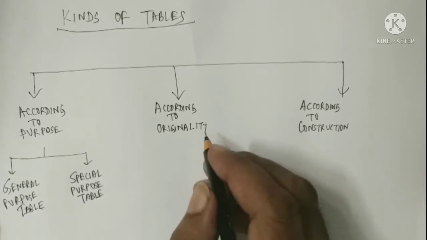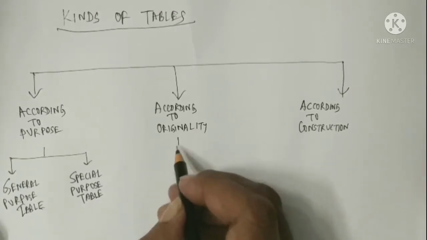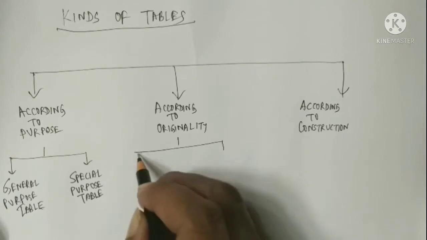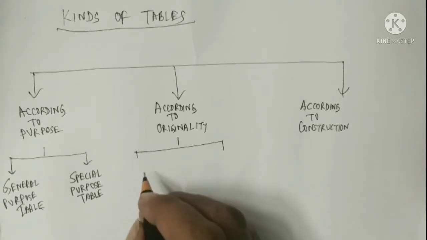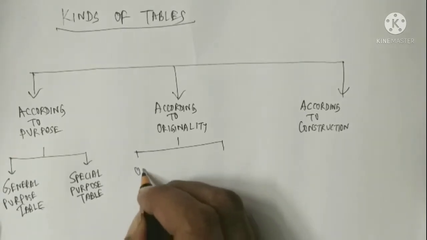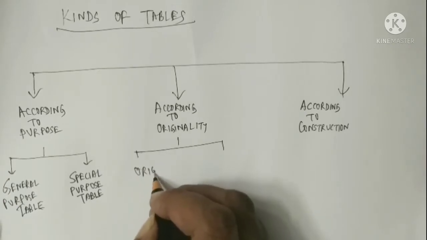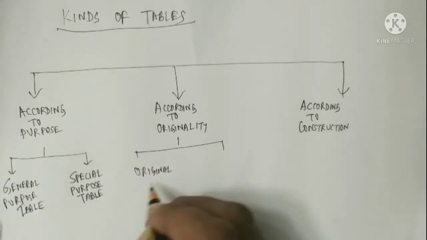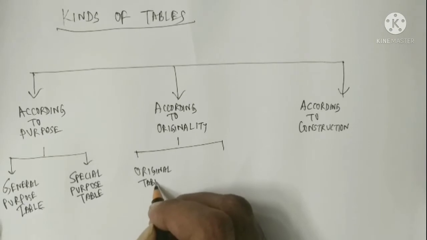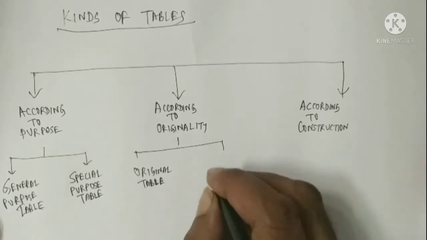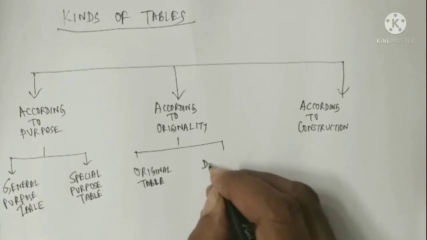And according to originality again we get original table and derived table.